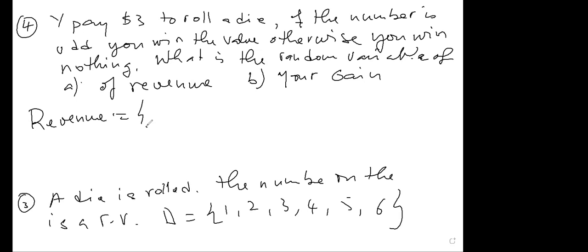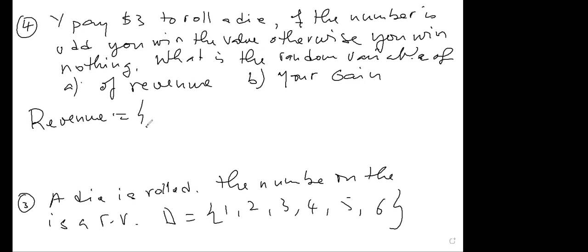You have 6 possibilities. When you roll an odd number, according to that rule, what do you get? The value of that odd number. So when you roll 1, what do you get? $1. That is the revenue.